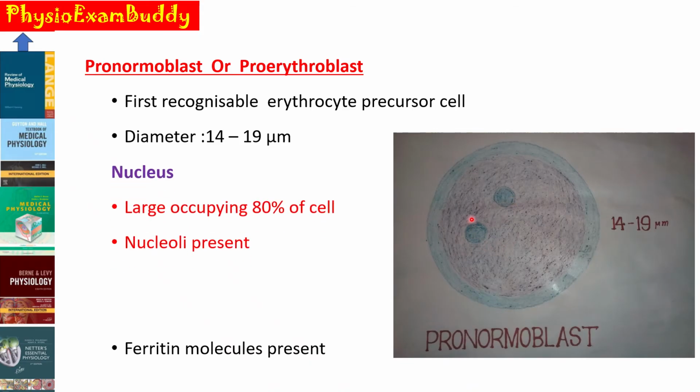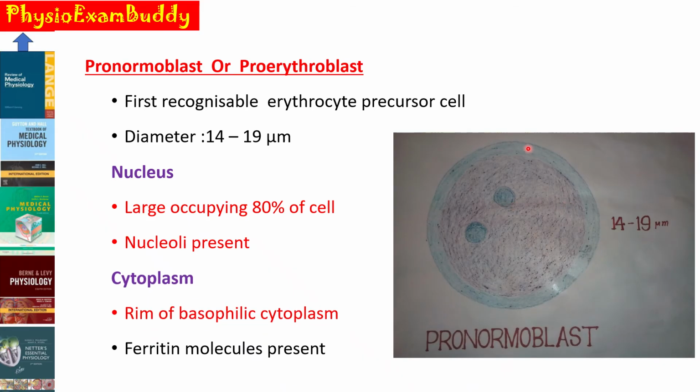Next is the nucleus. You can see here that the nucleus is very large, occupying almost 80% of the cell, and it contains nucleoli. When you are drawing the nucleus, you have to shade it using a hematoxylin pencil itself. The nucleoli you can color using a light blue color pencil.